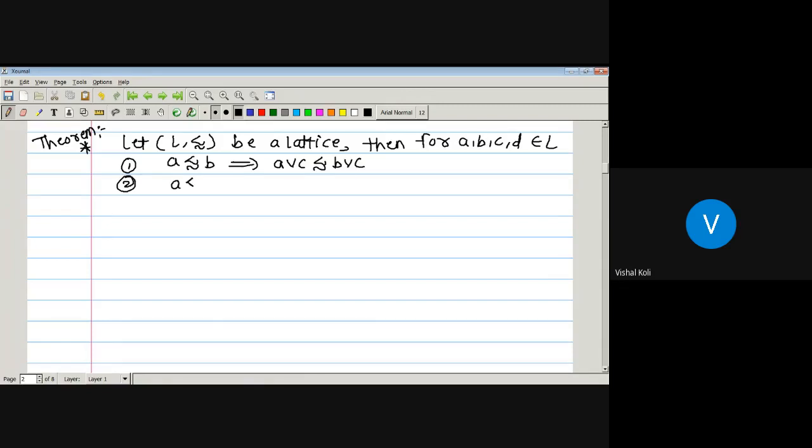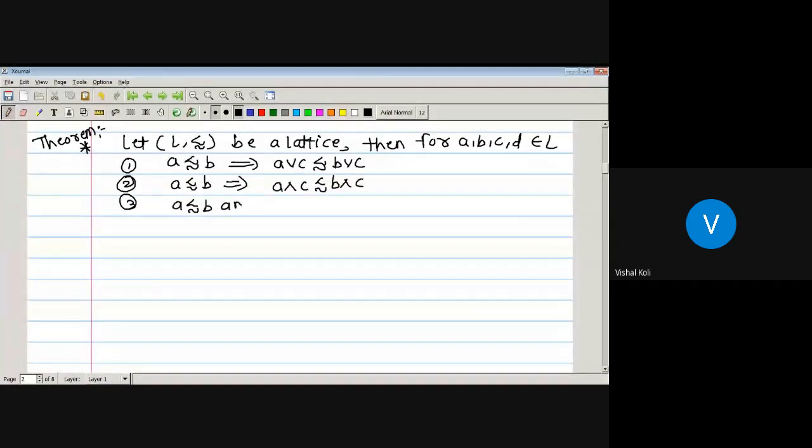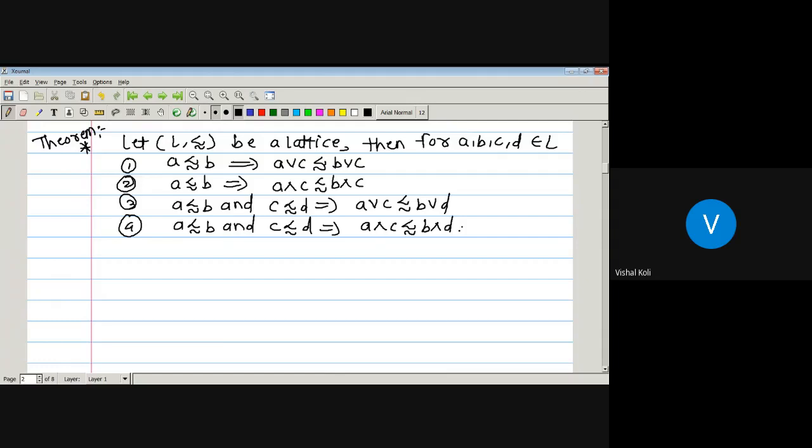Second one: A precedes B and C precedes D implies A join C precedes B join D. And the last one: A precedes B and C precedes D implies A meet C precedes B meet D. Okay, so here (L, precedes) is a lattice.